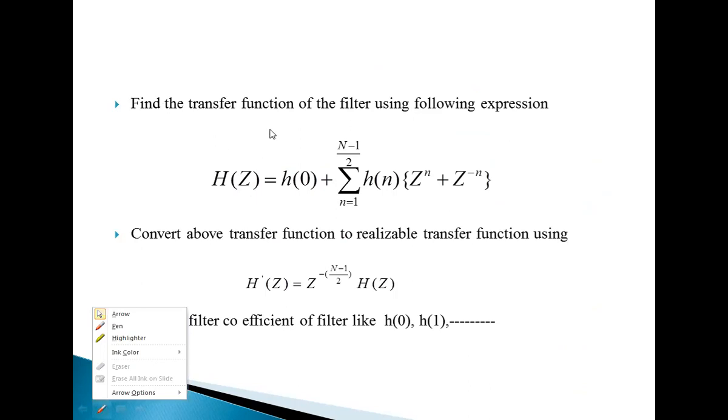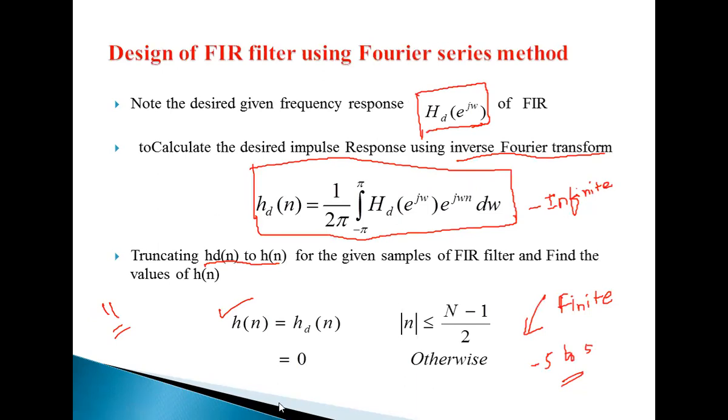So this is how H of Z equals H of 0 plus the sum for n equals 1 to n minus 1 by 2 of h of n times Z power n plus Z power minus n. So this is what we get if I expand this equation according to the definition of the Z transform.